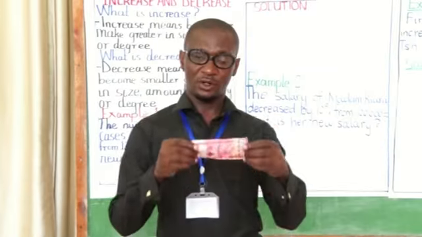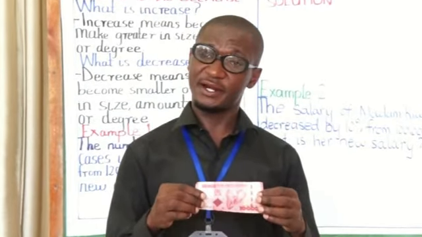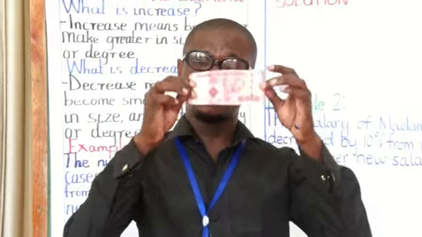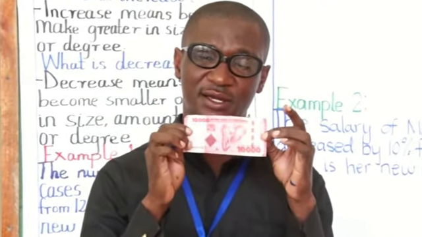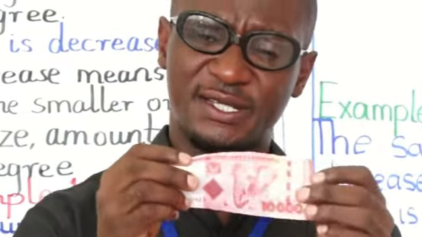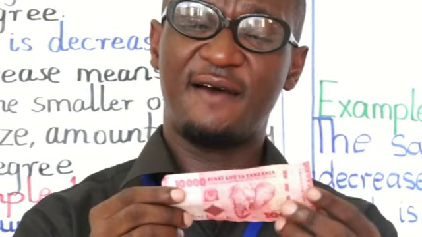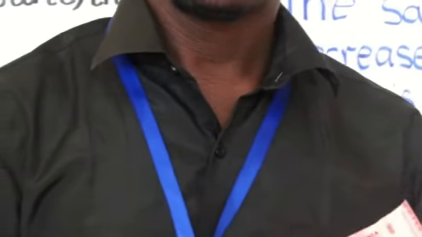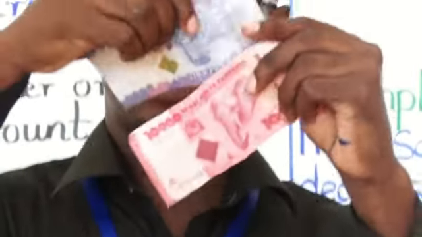For example, if we have 10,000 shillings and you do a certain business, after that business you come back with 15,000 shillings.